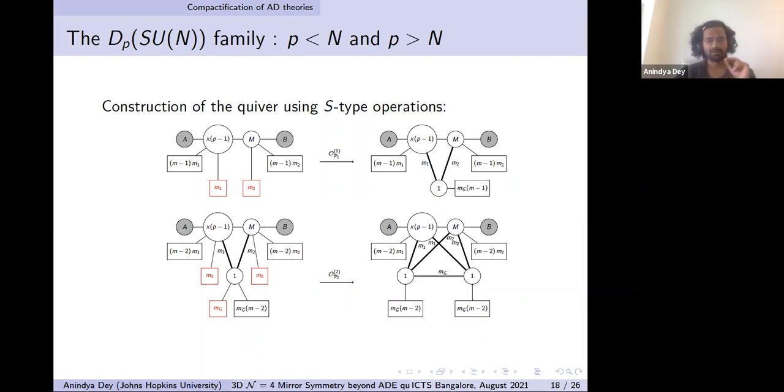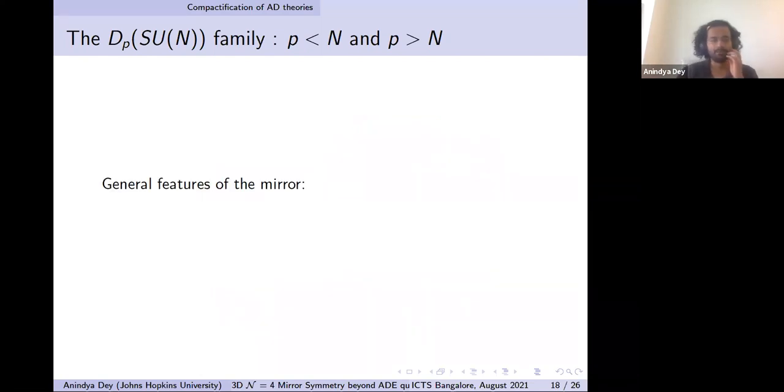So remember that the corollary that we proved was that if your S-type operation is only made out of flavor gauging or identification flavor gauging operations, then a unitary theory will always lead to another unitary theory. So this leads us to certain general features of the mirror theory.